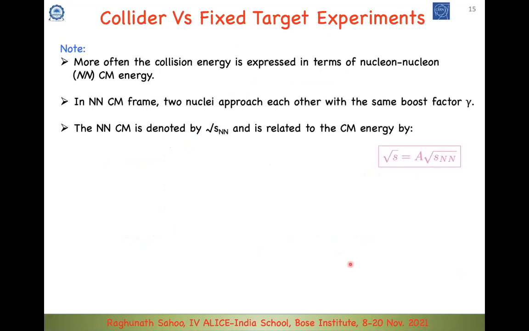There are a couple of notes for the newcomers. More often, collision energy is expressed in terms of nucleon center of mass. Instead of writing root S, we also write root S with a subscript NN. The meaning is that it is the per-nucleon center of mass energy. How is it related to Mandelstam S, which is the total center of mass energy? You multiply by the mass number A, so root S is equal to A times root SNN, the per-nucleon center of mass energy.